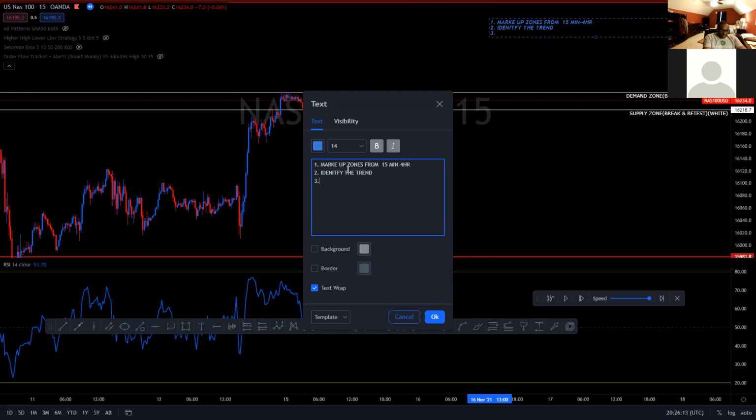So now we're on 3. Locate institutional imbalances in the market and use that to figure out which imbalance the banks will fill next.